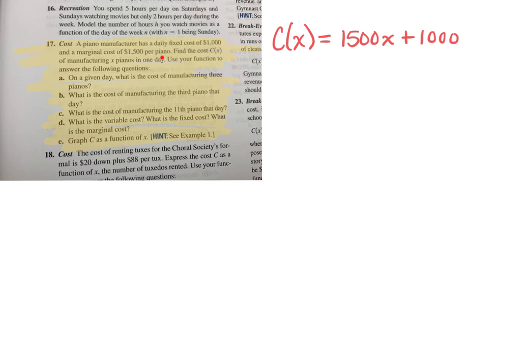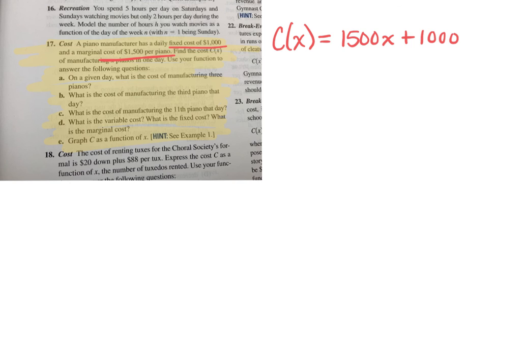Good. And then 1,000 is your fixed cost, which is no matter how many pianos you make. You got it. Very good. So 1,000 is your fixed cost because it says that's your daily fixed cost, and it says $1,500 per piano, so that's your M. Very good. Okay, so C of X is equal to 1,500x plus 1,000.